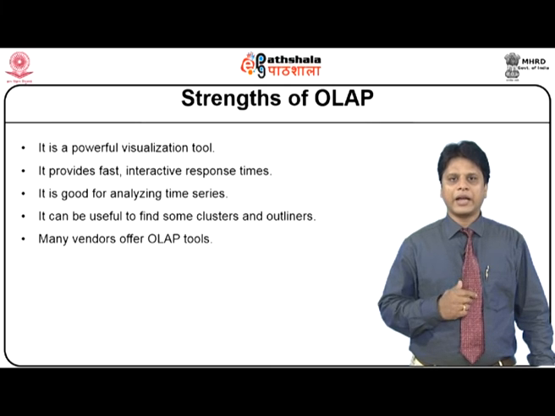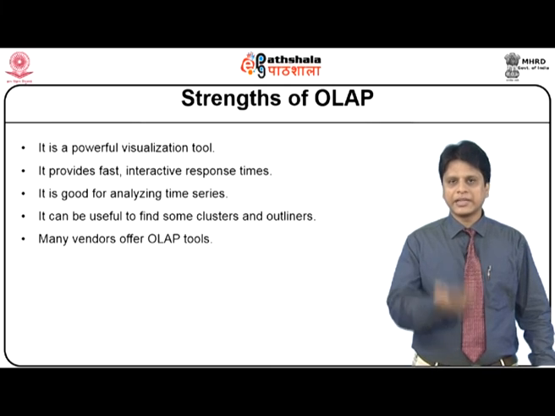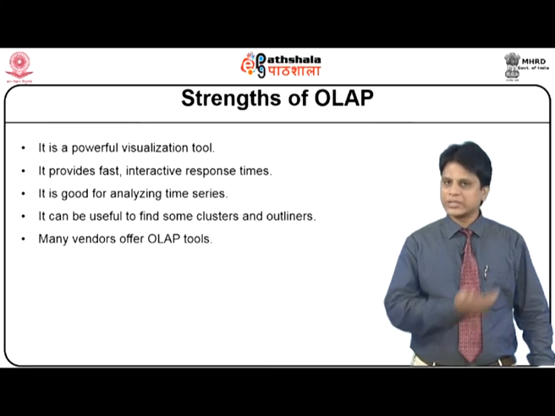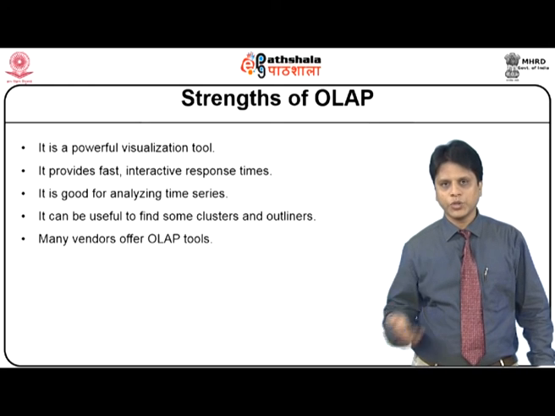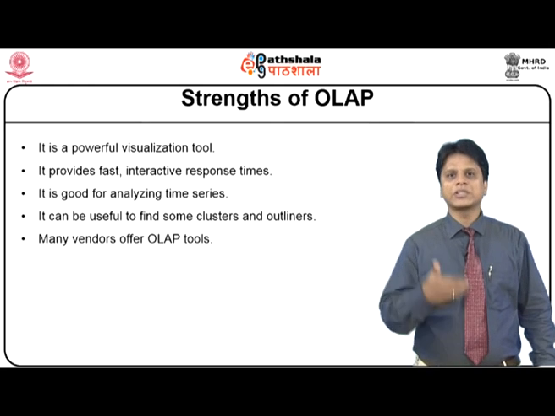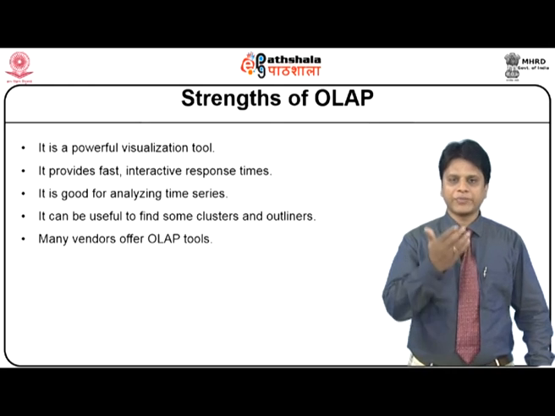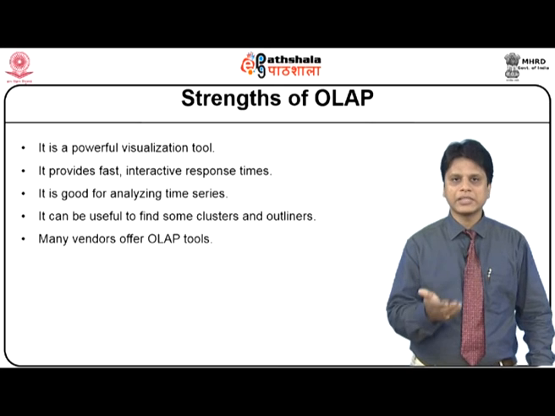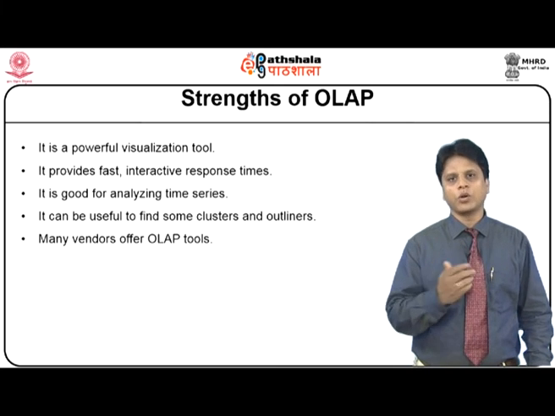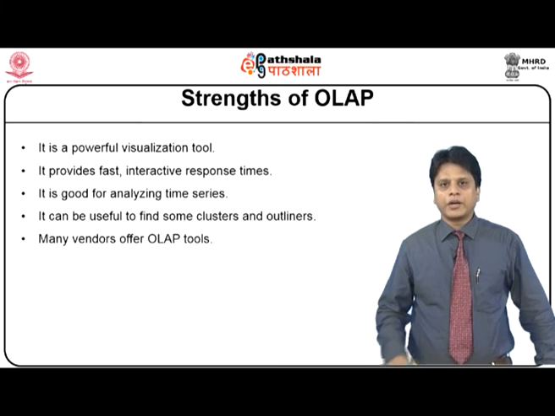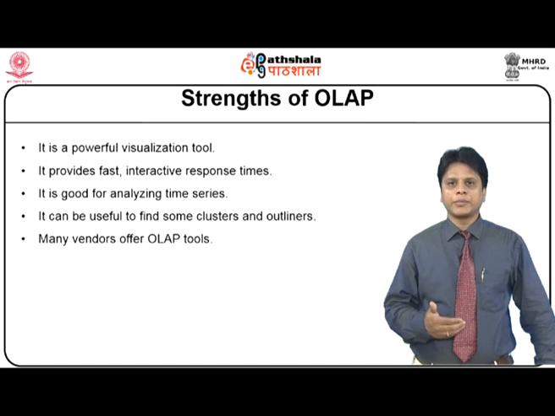So apart from your normal relational algebra operators that we have been performing, like select, project, join and so on, specific to this data cube we have these 5 operators: slice, dice, pivot, roll up and roll down. So as far as now we have considered the data warehouse.